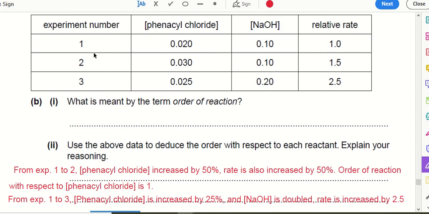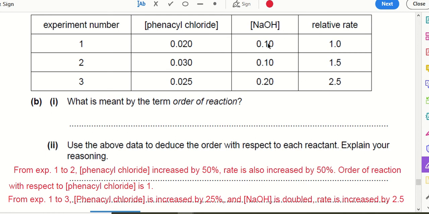So the rate equation for experiment 1 will be rate equals K, concentration of phenyl chloride to the power of 1, because the order of reaction is 1. Then this one is unknown, right?